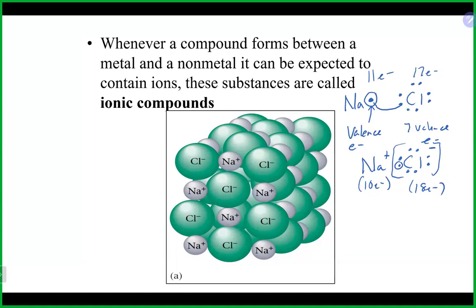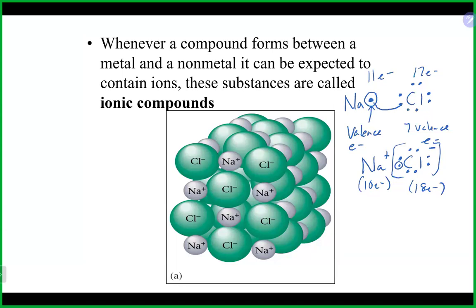Why is the chloride ion larger than the sodium ion? When somebody gains electrons, their size gets larger, right? So between neutral chlorine and chlorine with a -1 charge, the chlorine with a -1 charge, or chloride, has gained electrons. Their electron cloud gets bigger because they now have more electrons.